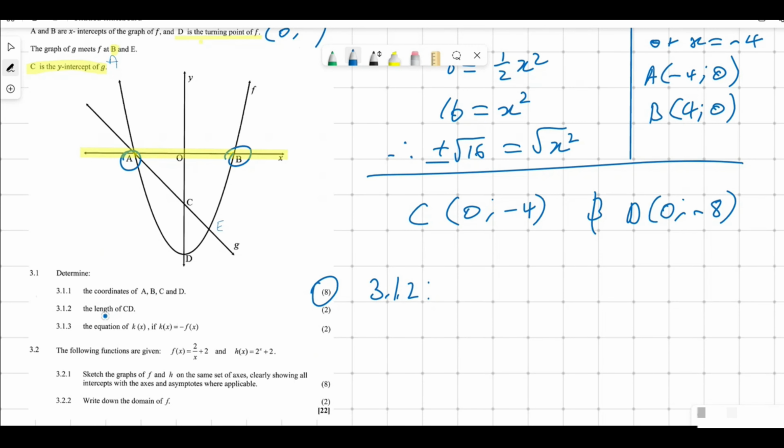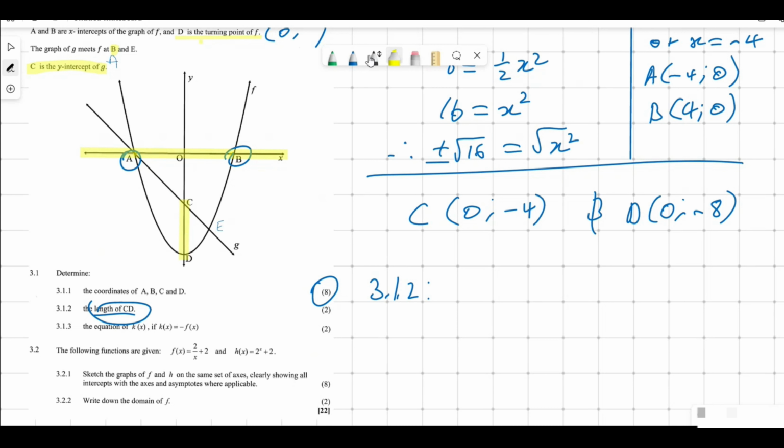3.1.2, what they're asking there is the length of CD. When we are doing functions, when they ask you a length, you don't just jump and use the distance formula. There are some shortcuts that we can use, especially if the length is a vertical distance. Can you see this is the vertical distance?